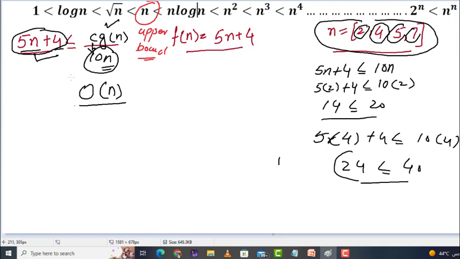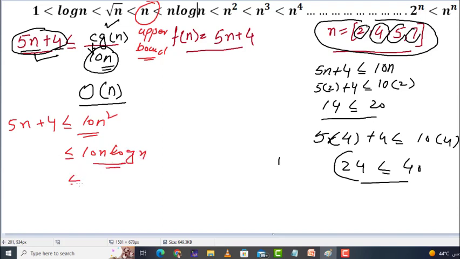But here I have given you an example: if I write 5n plus 4 less than or equal to 10n square, again the condition will be true. If I put less than or equal to 10 n log n, again the condition will be true.